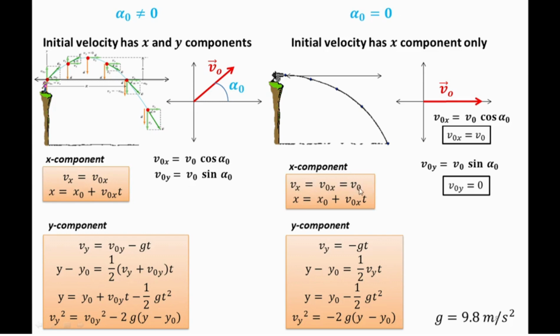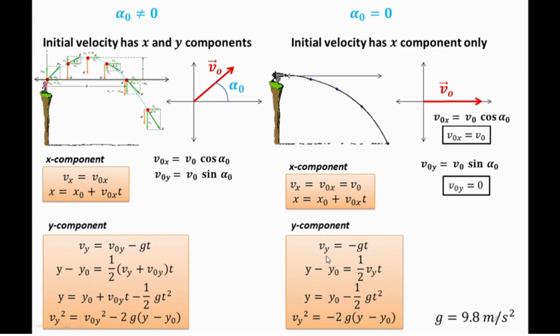The initial x component of the velocity is just equal to the initial velocity itself. And since your y component of the initial velocity is 0, the y component equations will be affected, as you can see here. So this first equation will be reduced, so this one is equal to 0.